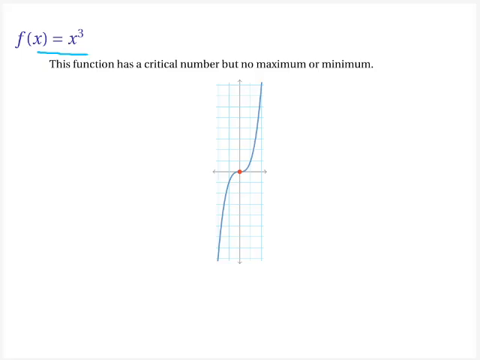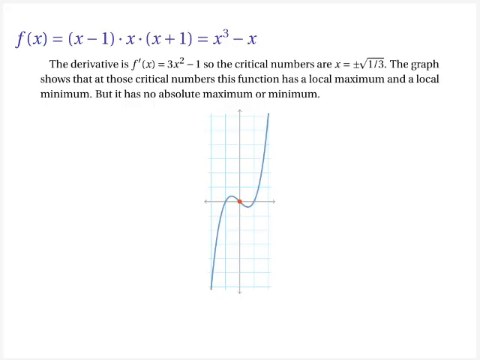There's no local maximum, no absolute maximum, no local minimum, no absolute minimum. We all know that if you take the derivative of f, 3x squared, and plug in x equals 0, you do indeed get a stationary point. 0 is indeed a stationary point and therefore a critical point, but there's no maximum or minimum. So just because you found a critical point doesn't mean you found an optimum.